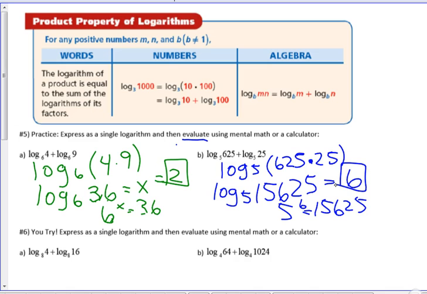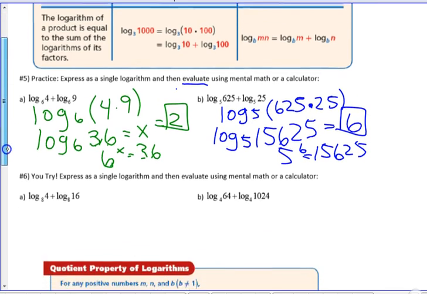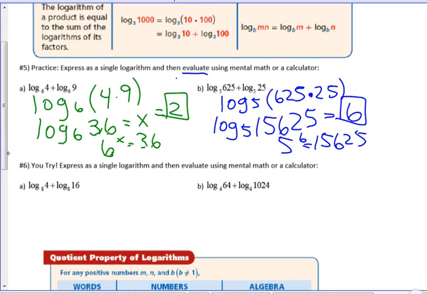All right, how do you feel? I want you to try number 6. We have log base 8 of 4 plus log base 8 of 16. And then you have log base 4 of 64 plus log base 4 of 1024. So try these either on your own or with the neighbor. I'll give you a minute.